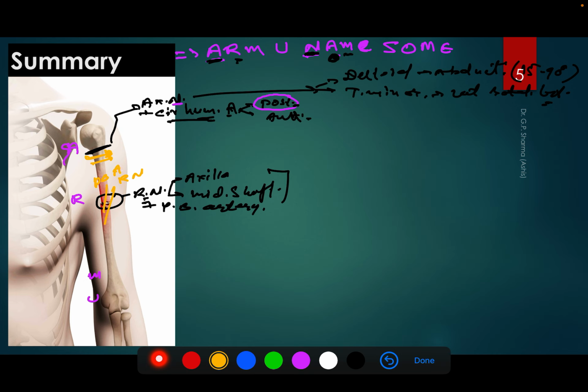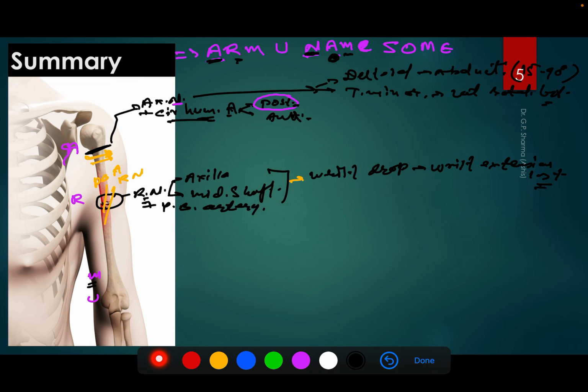If they are injured, then it produces wrist drop. Wrist drop means patient cannot extend, the wrist extension and finger extension is lost, because radial nerve is supplying the extensor compartment.